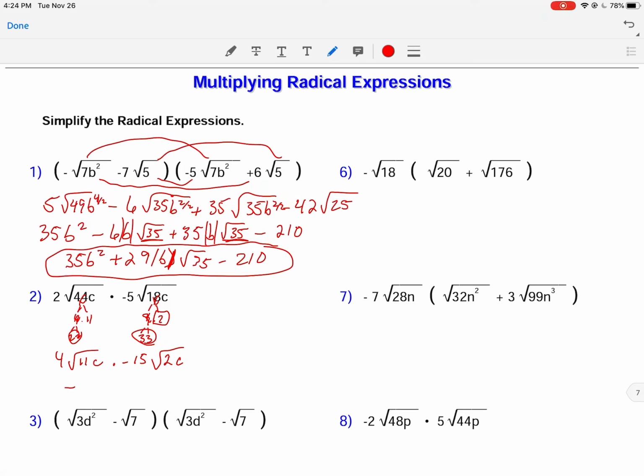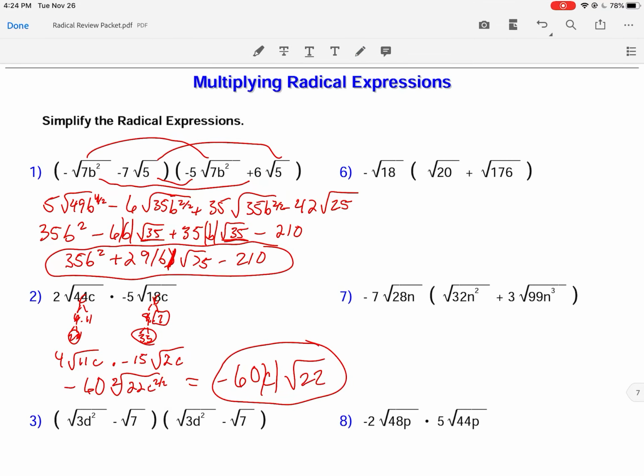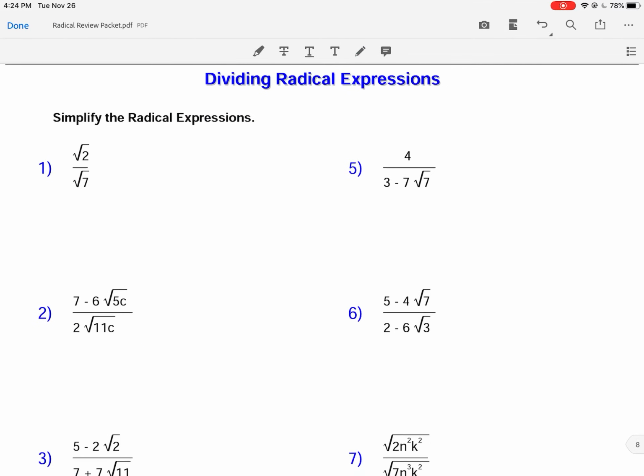And when we multiply them together, we're going to get negative 60 square roots of 22c squared. Divide that by 2, so that's going to be negative 60c, absolute value, square roots of 22. Absolute value comes because we did an even root of an even exponent and got an odd answer. So you do them just like that.